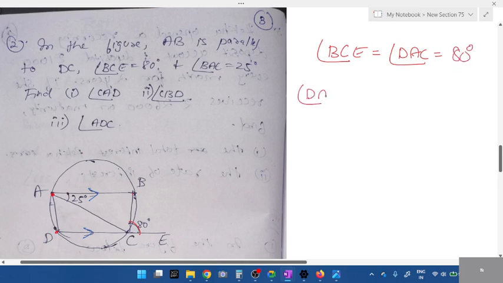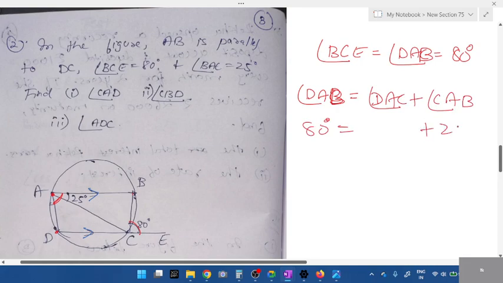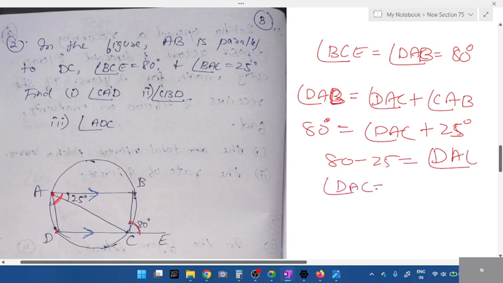80 degrees. So angle DAC is 80. No, no, DAB. Sorry, DAB. Now tell me, angle DAB is made up of how many angles? Plus CAB. 80 degrees here. Which angle is given? What is the CAB value given? 25. So what is angle DAC? 80 minus 25 is 55 degrees.